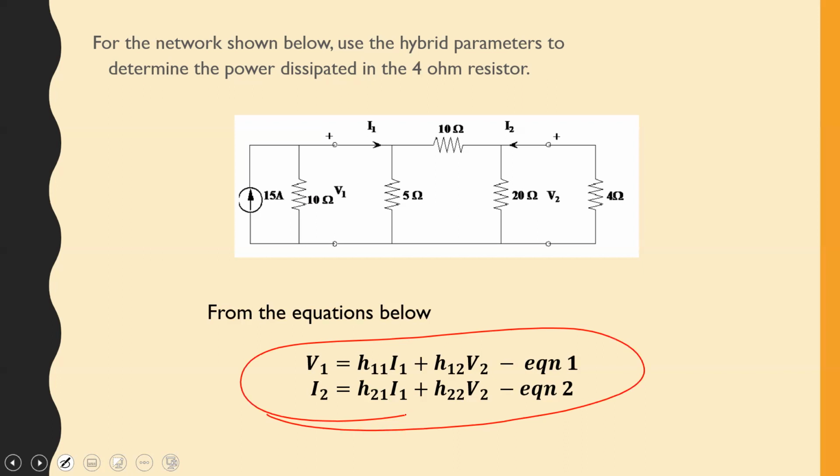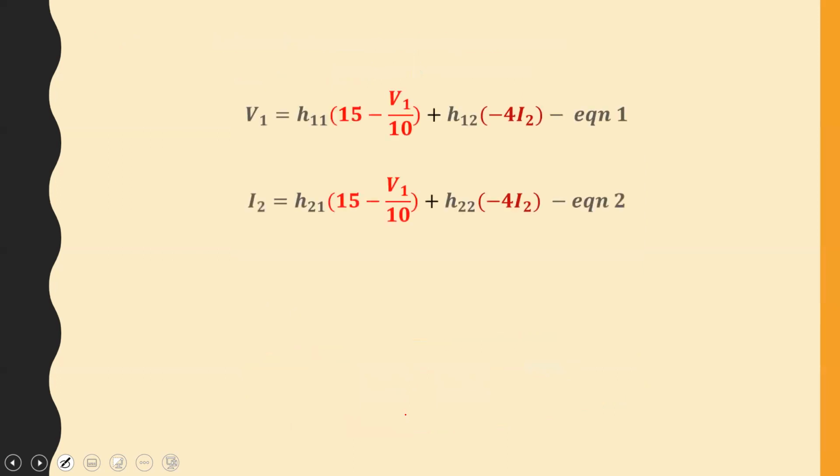because now we have the hybrid parameters. I'm using them to define our circuit or to analyze our circuit. So we're just substituting.